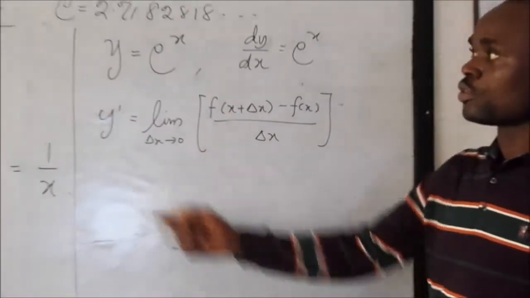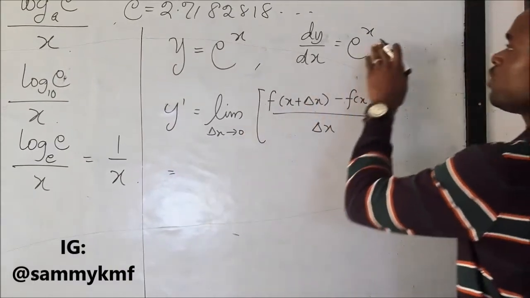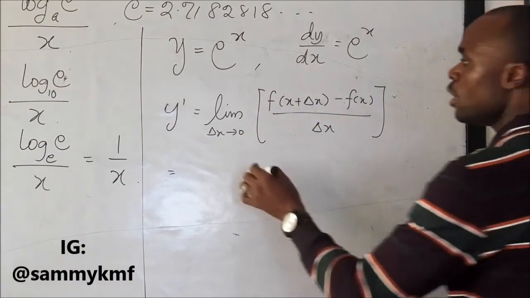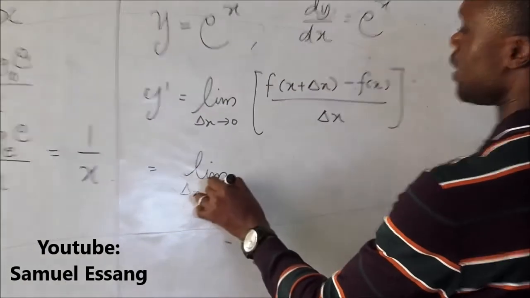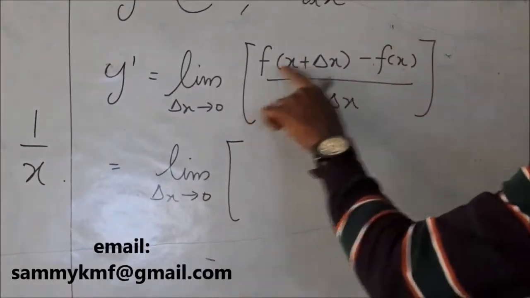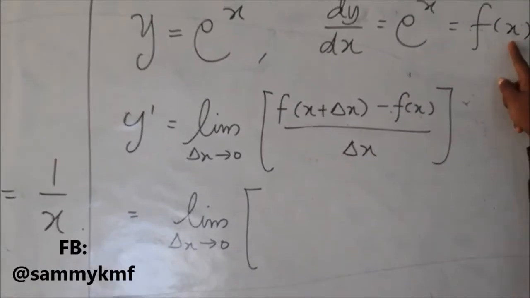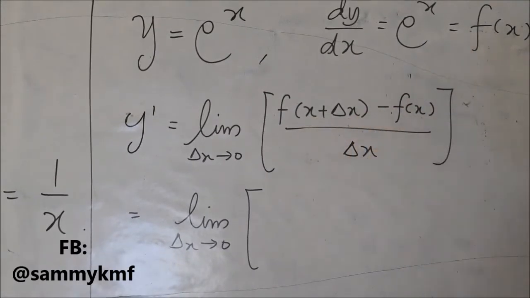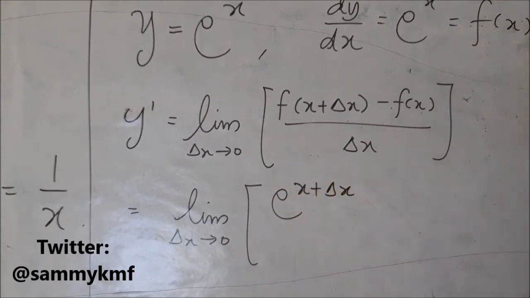Now, this shows that the function is differentiable. If we are considering this function, we have the limit as change in x tends to 0 of, if this is our f of x, it is obvious that f of x plus change in x is going to be e raised to the power of x plus change in x.